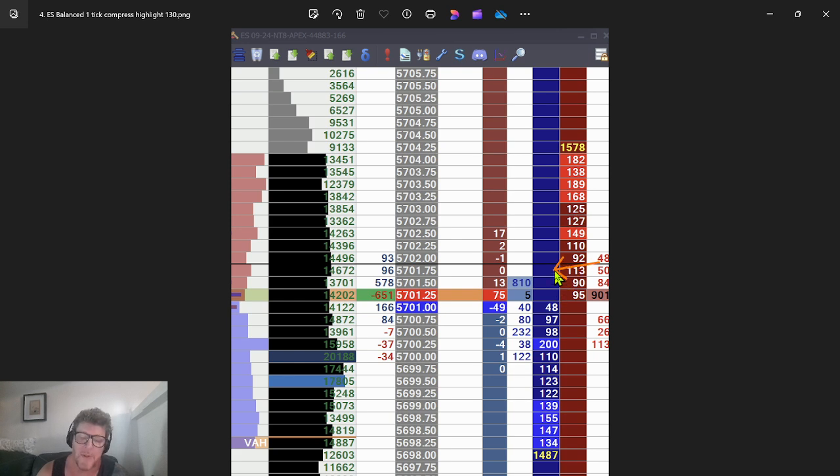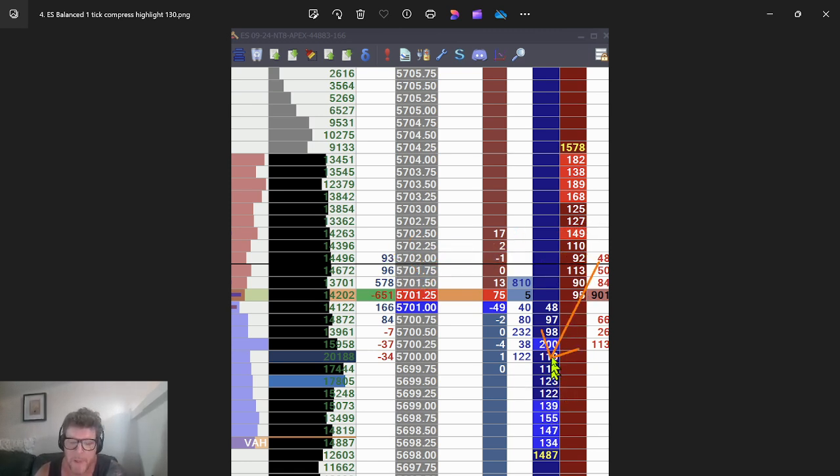Usually it's not going to go past 5704, whatever that last order is, but it'll go through these sometimes pretty quickly. So I'm looking at this as a possible absorption zone.